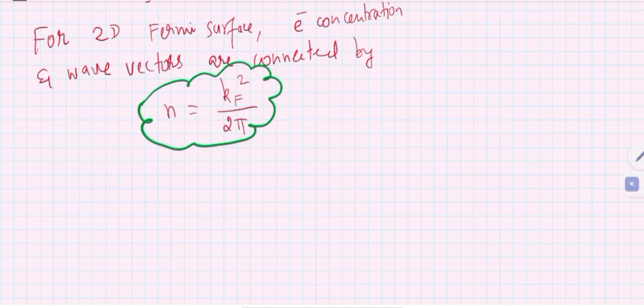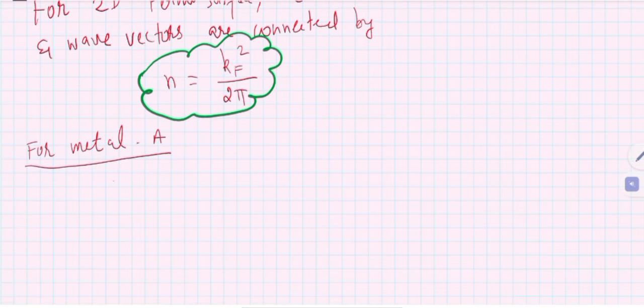For metal A, the kf A is equal to pi by A. So therefore n is equal to pi square, or you can just keep it as it is.